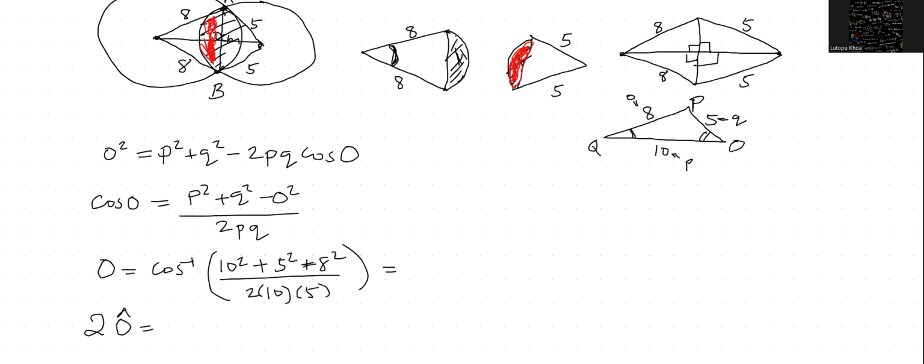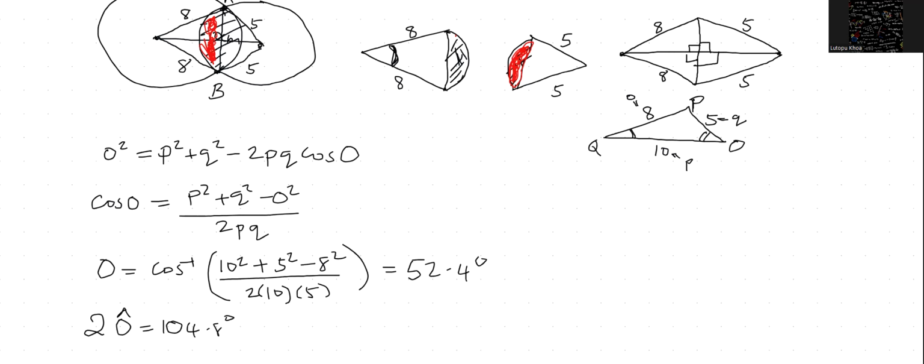This is minus, not plus. Okay, so that gives us 52.4, and double of O is 104.8. Okay, this is in degrees. Now, for the formulas that we're going to use, our angle will have to be in radians, so you need to keep that in mind.